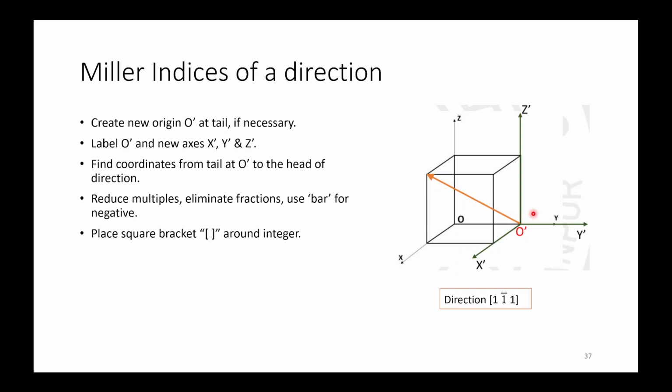In direction, they will be showing you a direction. They can't ask you how to draw a direction, so they can show you a direction and then ask which direction this is. And for direction, you have to remember there will be square brackets always. So this is how you have to draw. If you know how to draw a direction, you can easily identify which direction this is.